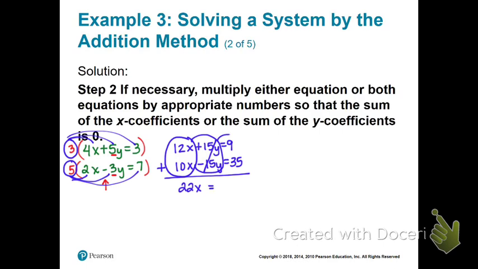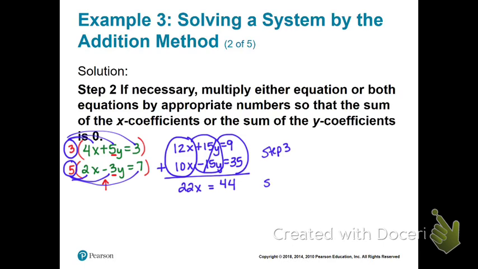Equals, what's 9 plus 35? 44. Okay, so I actually jumped ahead a little bit here. What we just did is our step 3. Because step 3 said to add the equations.